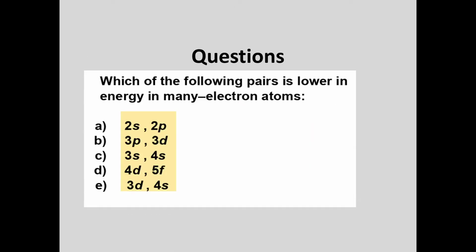Okay, so which of the following pairs is lower in energy in many electrons atom? So cara nak buat, cara nak tahu yang mana lagi lower energy. Okay, saya guna cara yang pertama lah. So 1s, 2s, 2p, and then 3s, 3p.